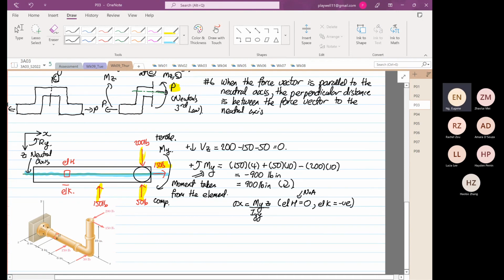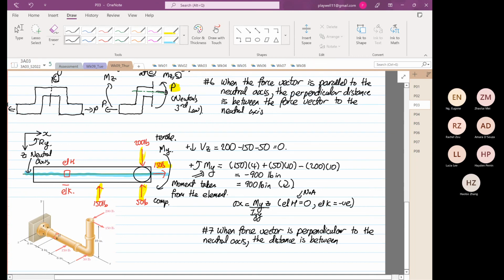When this is the case, rule number 7, which I think is really important: when the force vector is perpendicular to the neutral axis, the distance is between the force vector to the element.